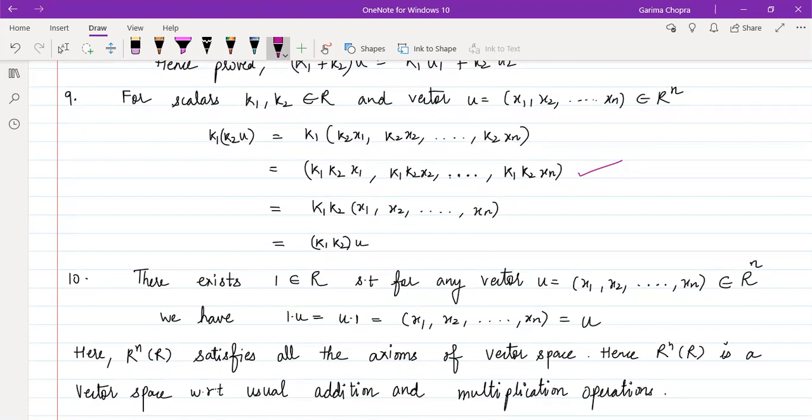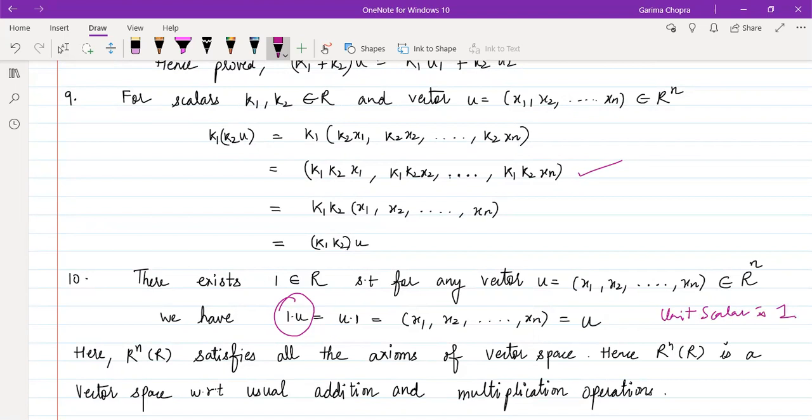If we multiply that real number 1 with any vector u, if we consider this product of any vector u with the real number 1, we will again get the same vector u. And it means that this 1 is a unit scalar. So unit scalar is 1.